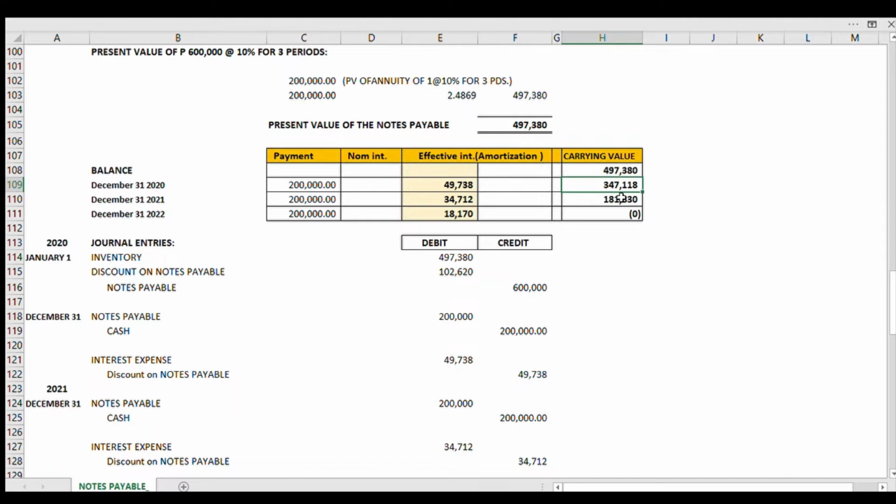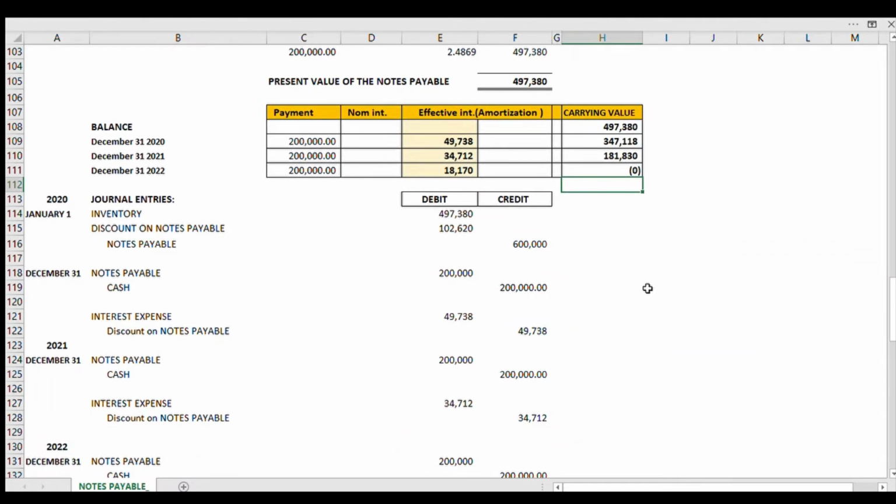That goes to the second year: 347,118 minus 200,000 plus 34,712 for a total of 181,380. And for the last one, 181,380 minus 200,000 plus 18,170, that is 0. Any discrepancy is only due to rounding off.